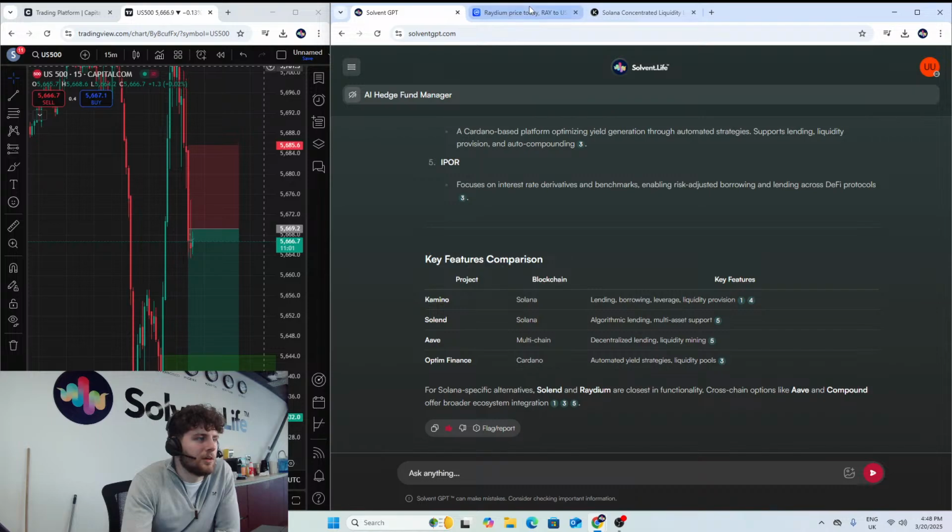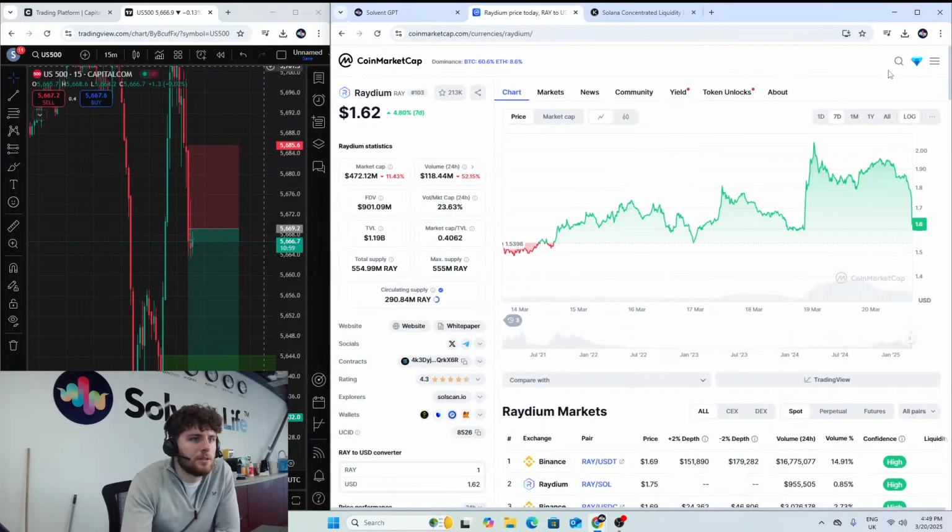Let's take a look at IPOR. Wow, Raydium is dropping right now this second, very significantly.